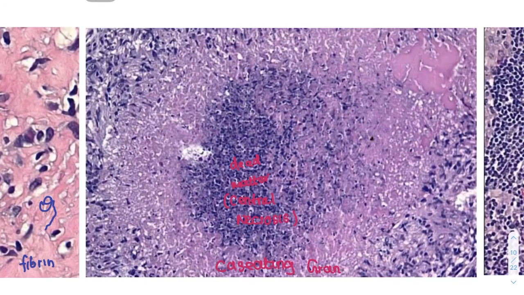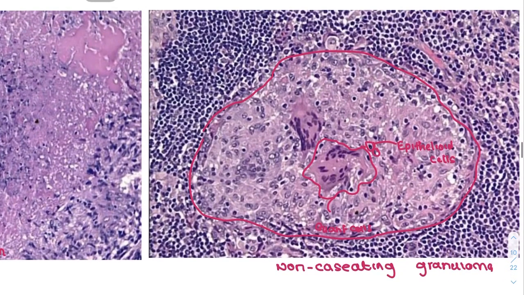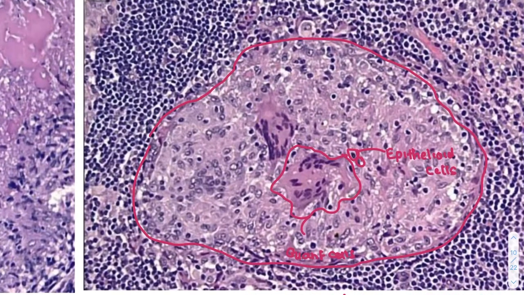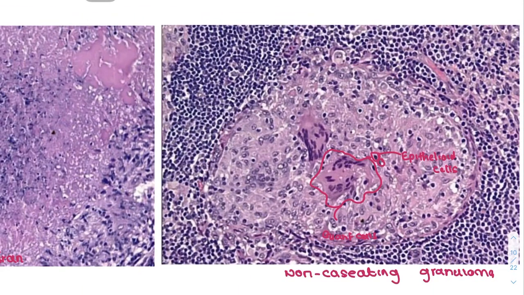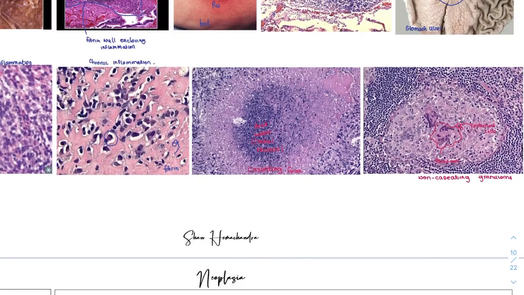Caseating granuloma. Here's the border. This was the border, and in the middle you get dead matter. That's central necrosis. Non-caseating granuloma. You can see the epithelioid cells, and you can see the giant cells. It's also confined. You can see the border, and that's it for inflammation.